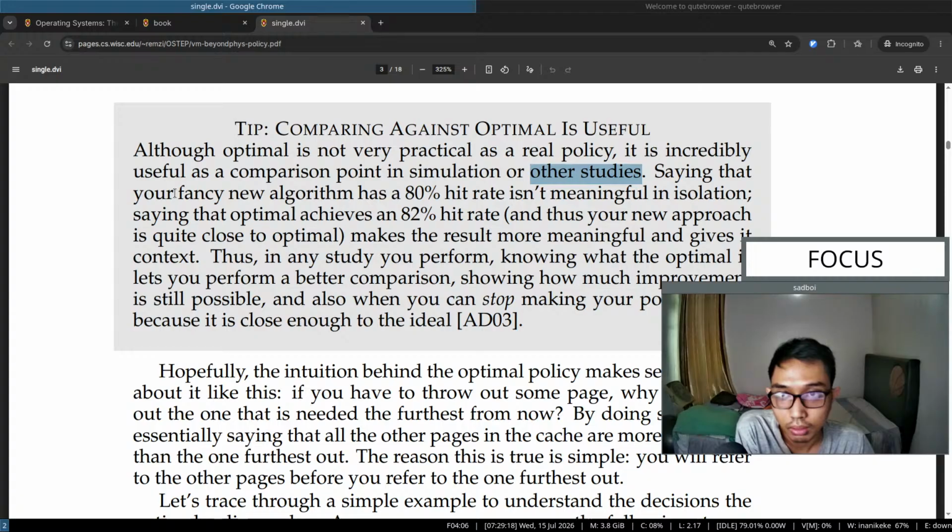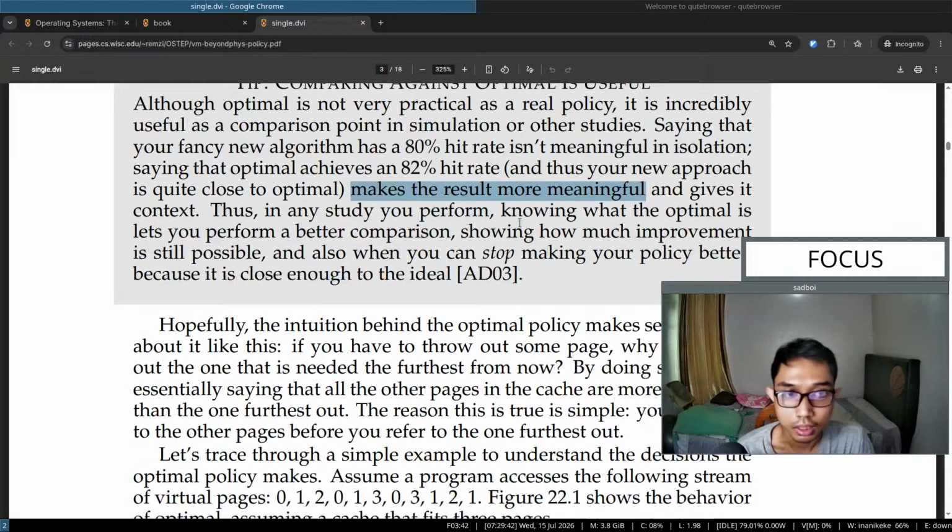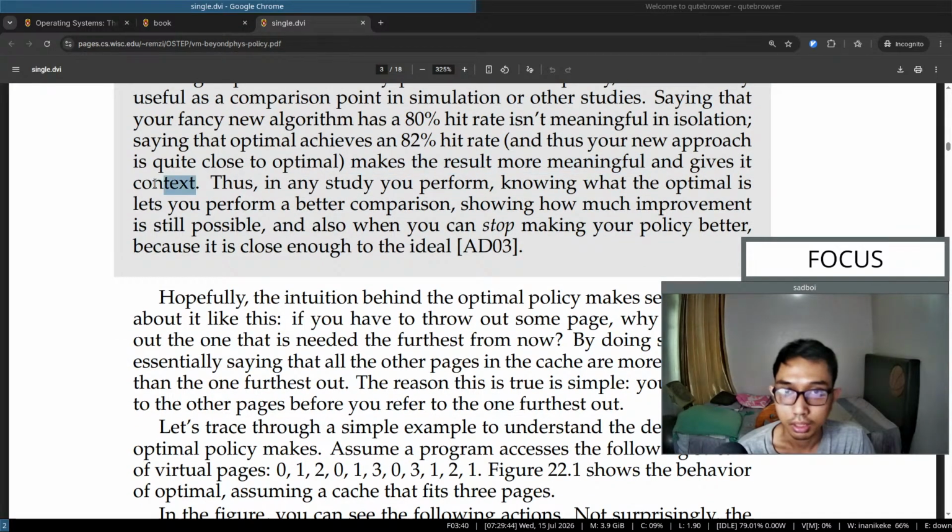Saying that your fancy new algorithm has a 90% hit rate isn't meaningful in isolation. Saying that optimal achieves an 82% hit rate and thus your new approach is quite close to optimal makes the research more meaningful and gives it context, right?